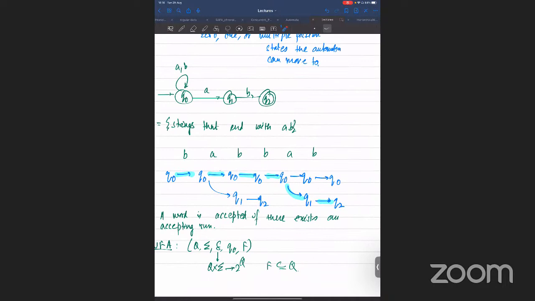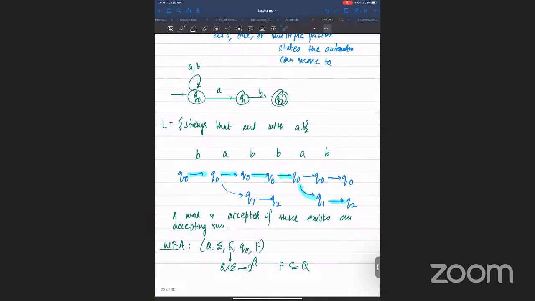So here we were exactly looking at this automaton, correct? You have these different runs, and we are now trying to construct a deterministic finite automaton from this NFA. First of all, the state of the DFA will collect all these states together.